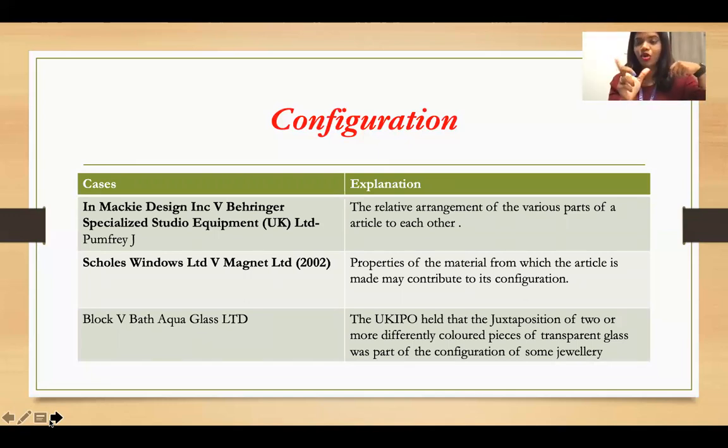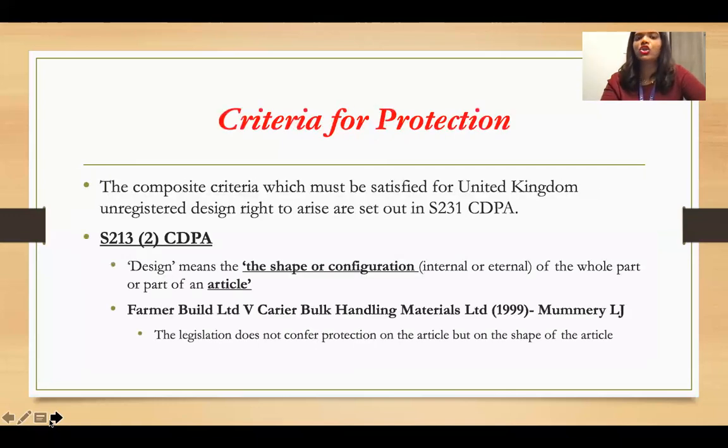If you use the term configured, it will help you understand things better. You have combined them together in an arrangement that looks more like a design. That is what configuration means. So it does not necessarily have to be only a shape. Shape, yes, because the definition of design is the shape or configuration.